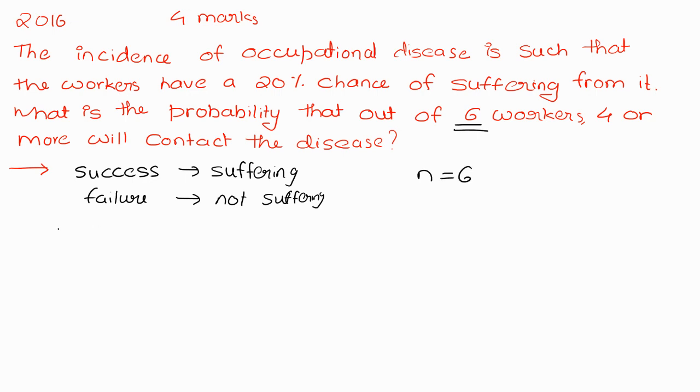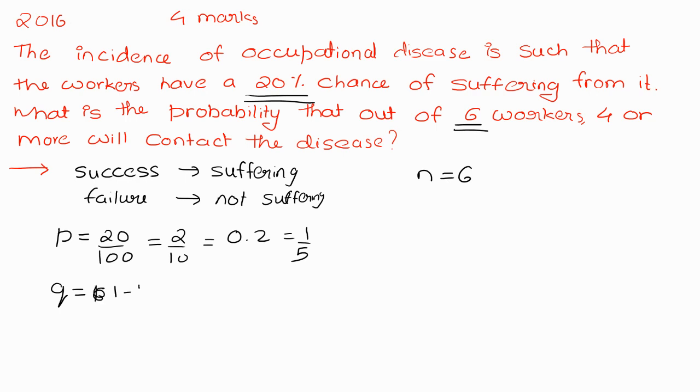Now success is suffering, so what is the success probability? Again 20% chance is there, 20% probability. That means 20 by 100, that is 2 by 10, or I can say 0.2, which is the same as 1 by 5 in fractional values. Similarly, the probability of failure, q equals 1 minus p, comes out to be 1 minus 1 by 5, that is 4 by 5.